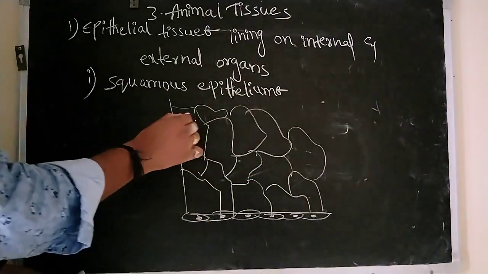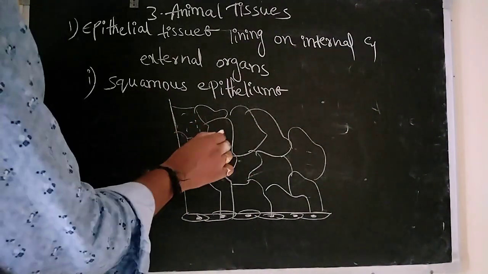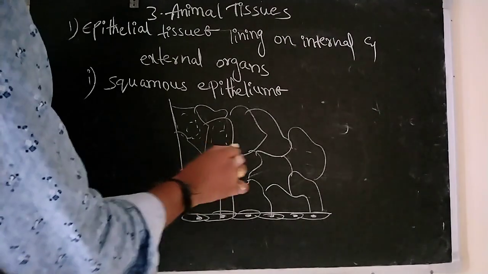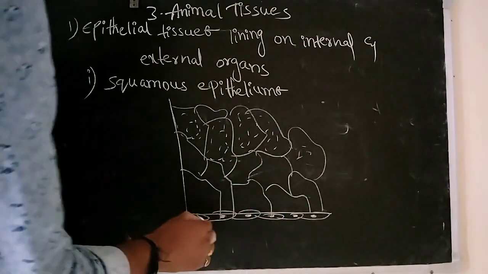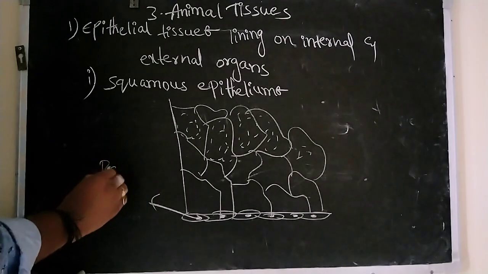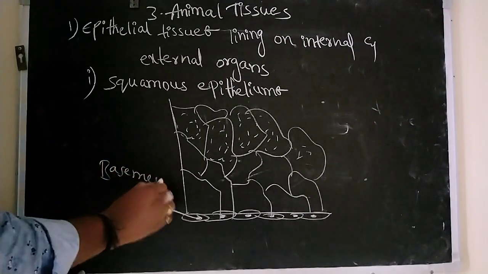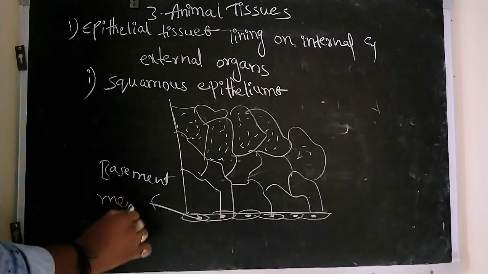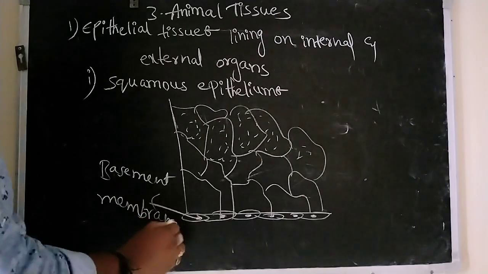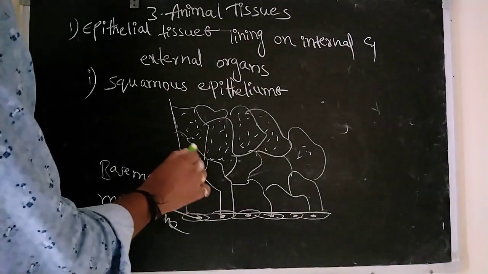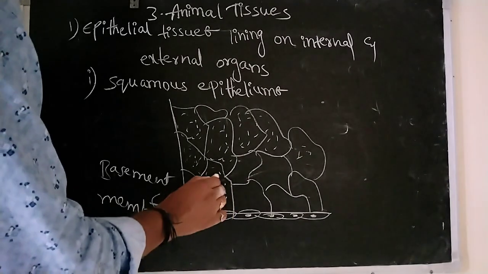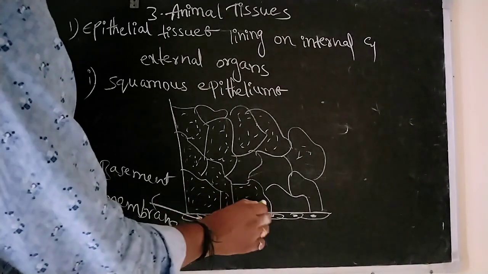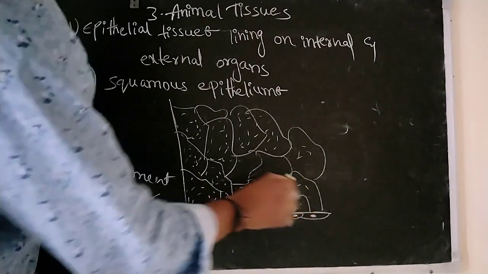These are the epithelial tissue cells, this is the cytoplasm, and this is the basement membrane. So this is the squamous epithelium, present as the lining of alveoli, esophagus, and blood vessels.